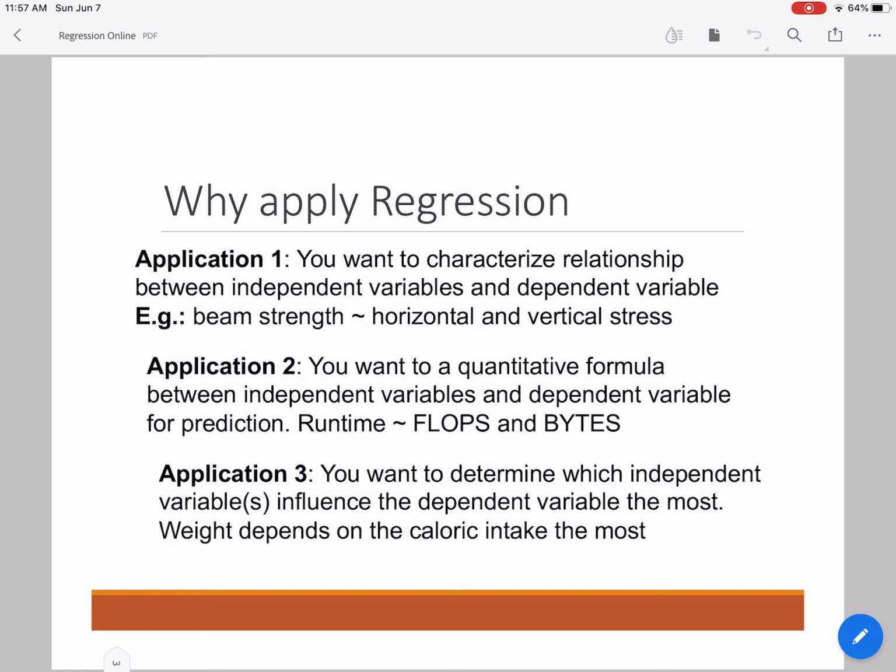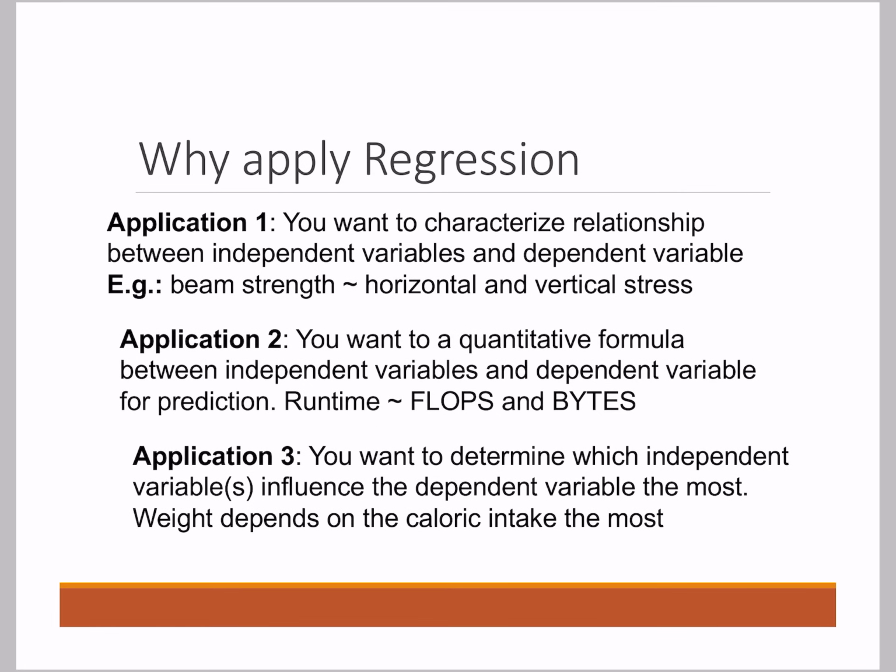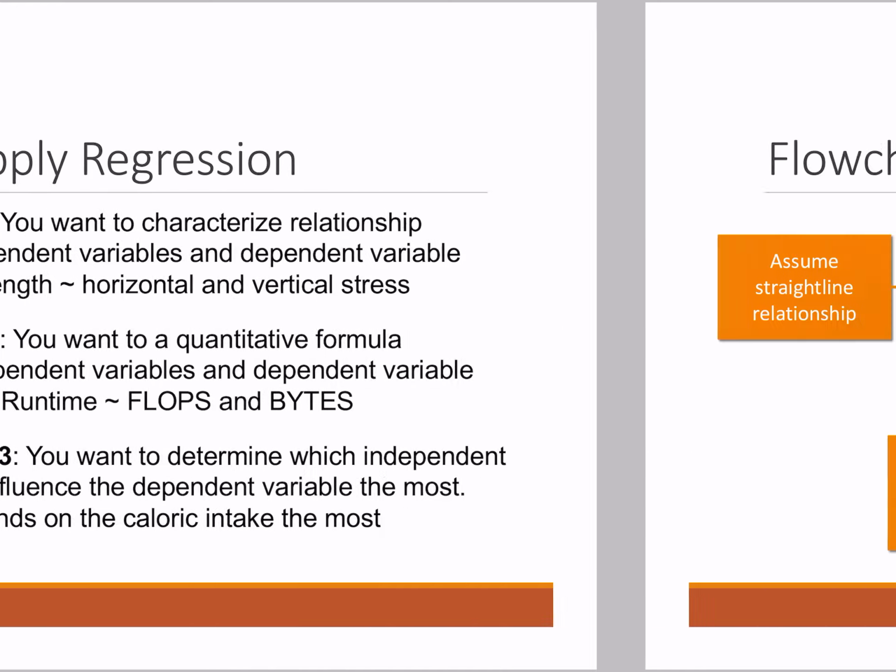It can be the height of that individual, it can be the caloric intake of the individual. I can use regression analysis to find out which one of these two variables, the caloric intake and the height, affects the weight of the individual the most. So, for example, I can conclude using my regression analysis that the weight of a person actually depends on the caloric intake the most.